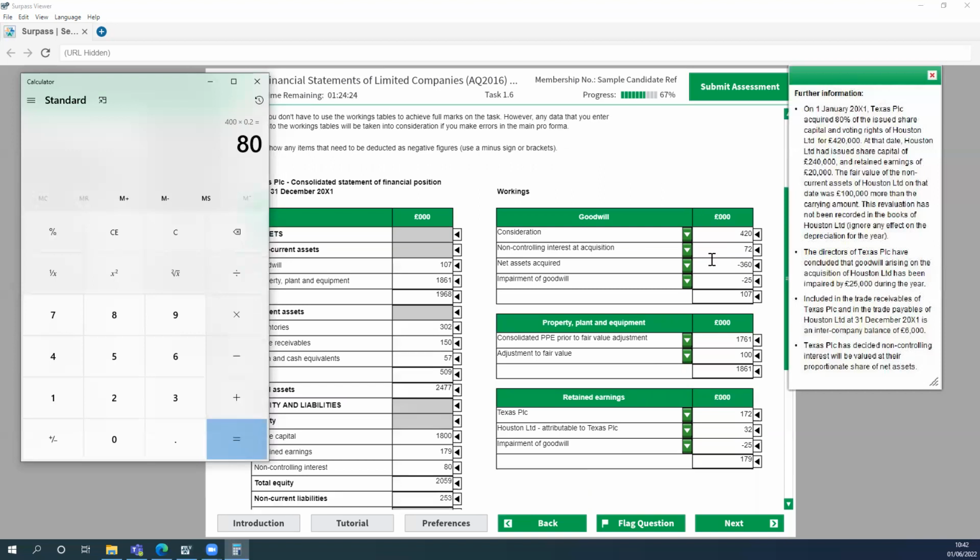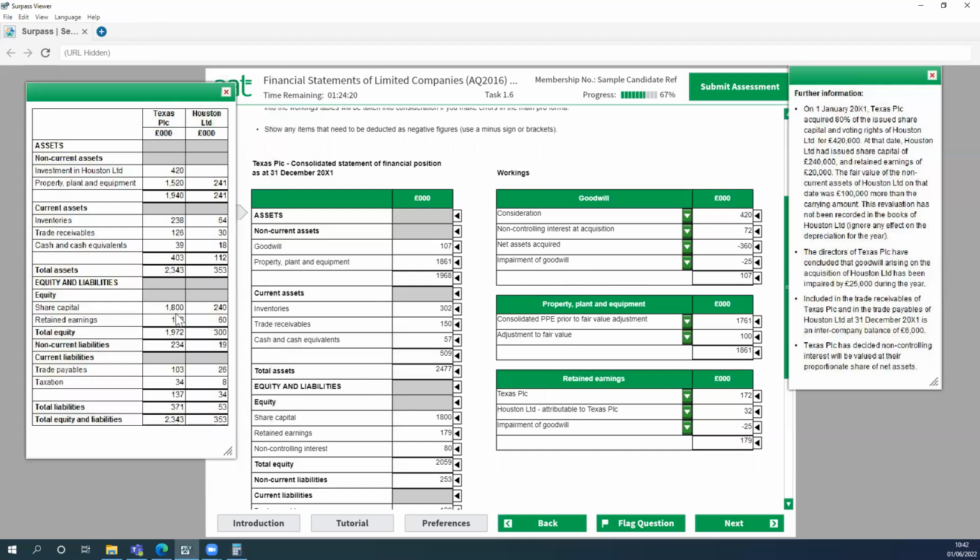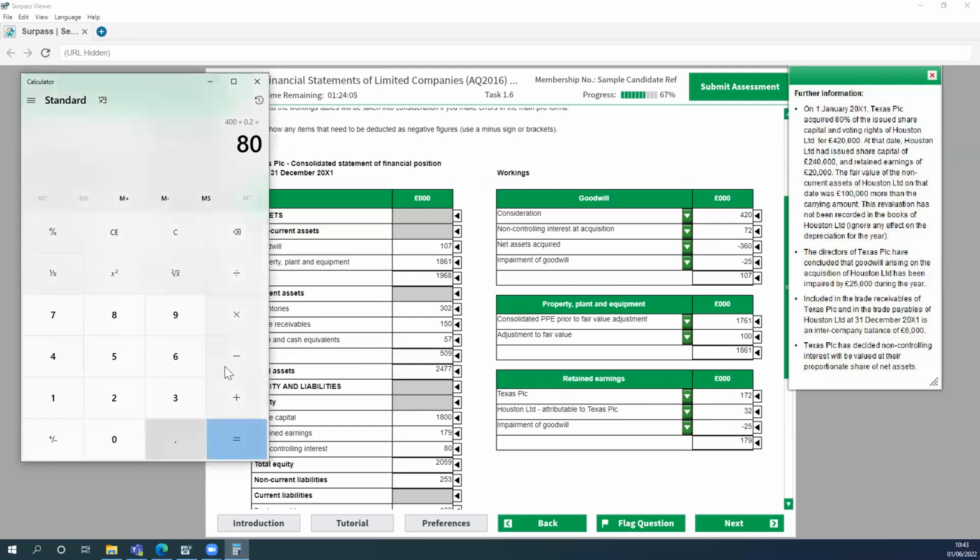So retained earnings is basically 100% of the parent. The retained earnings of Texas is 172,000. Then, how much of that increase in retained earnings of Houston is attributable to Texas? Retained earnings at the end of the year for Houston is 60,000, and at the beginning of the year it was 20,000.